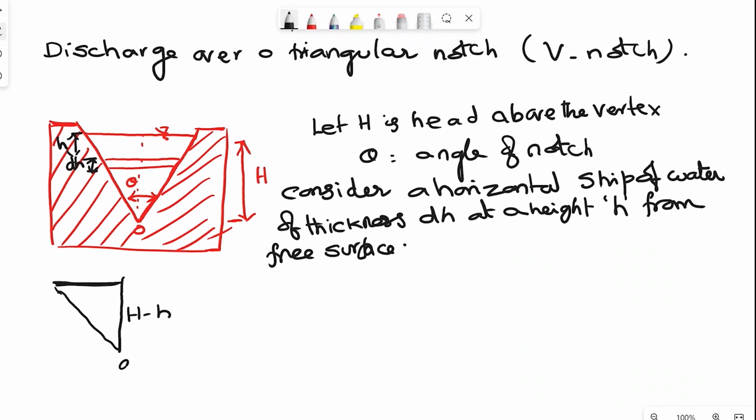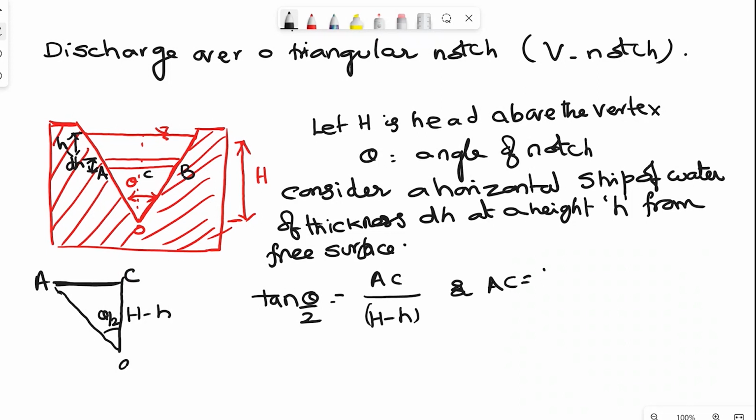Then if I take theta by 2 here, tan theta by 2 is equal to AC, where this is A, this is C, this is B. So tan theta by 2 is AC divided by H minus h, or AC is equal to (H minus h) into tan theta by 2.